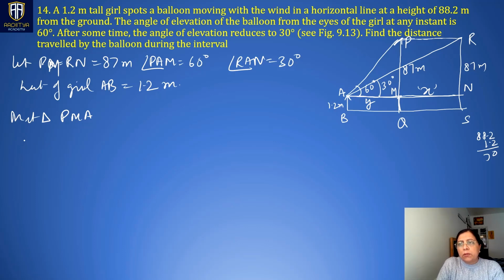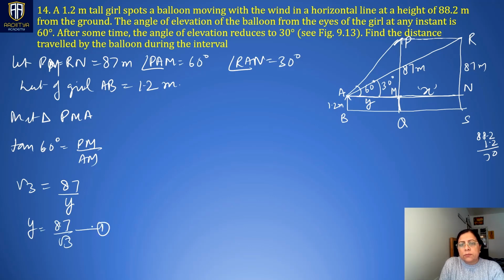Now in right triangle PMA, tan of 60 degrees is PM upon AM. This is root 3. PM is 87 and the horizontal distance is y. So y can be written as 87 by root 3. Let this be equation 1.